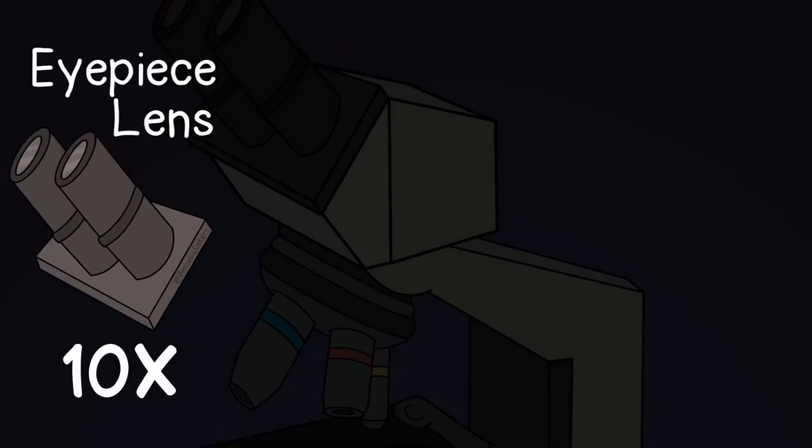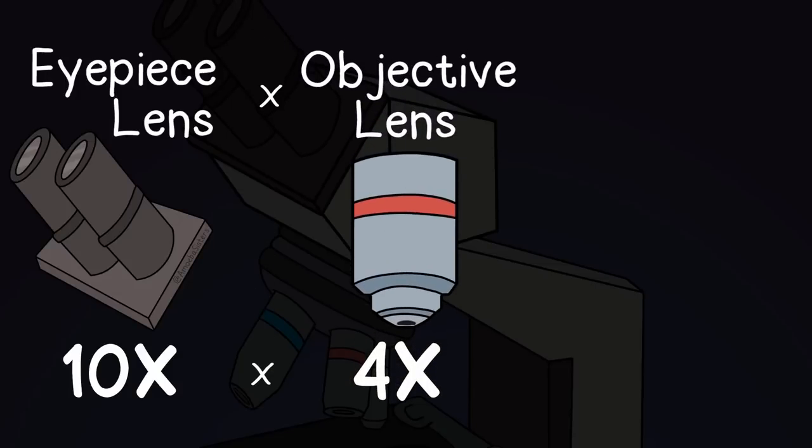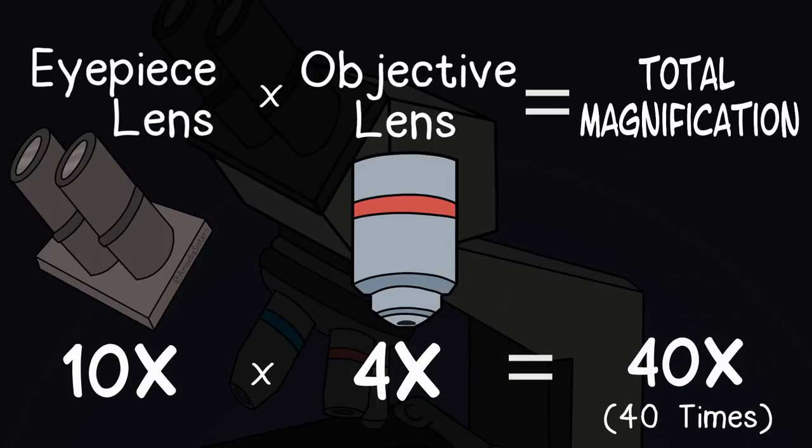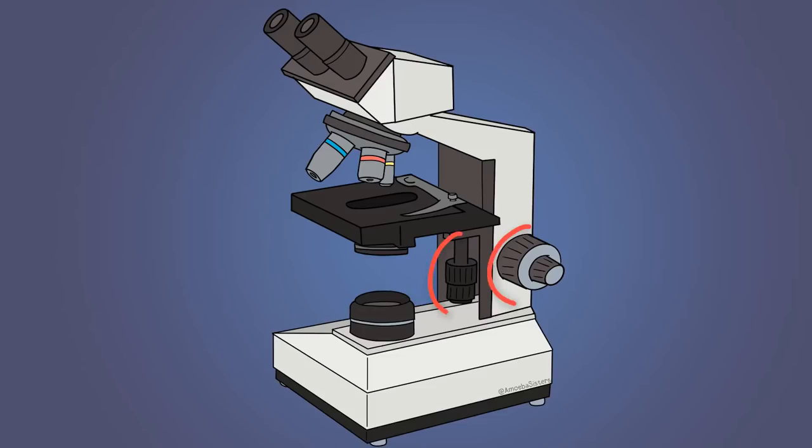But don't forget the eyepiece lens, because that also magnifies images, and my particular eyepiece lens magnifies 10 times. So let's say I used the scanning objective lens. I would multiply that objective lens magnification level by the eyepiece lens magnification level so that my total magnification is 40 times.